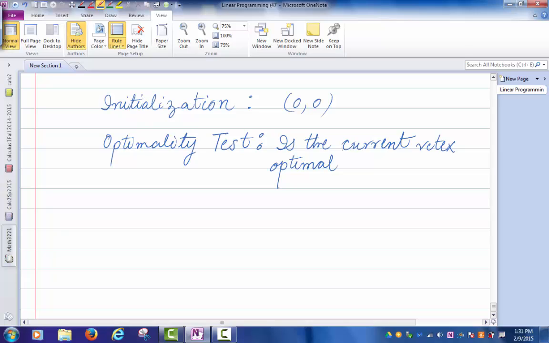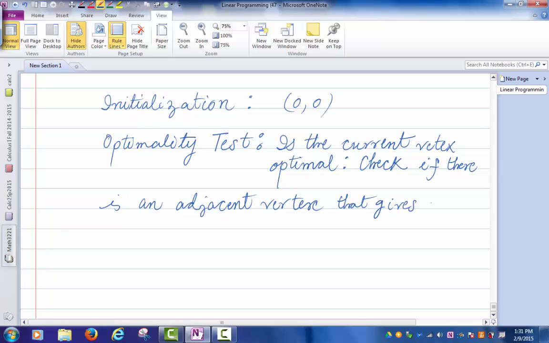I want to check whether there is an adjacent vertex which will give me a better value of z.